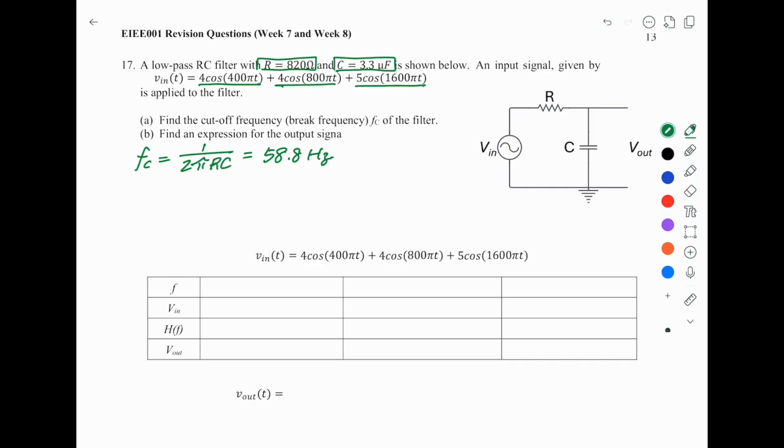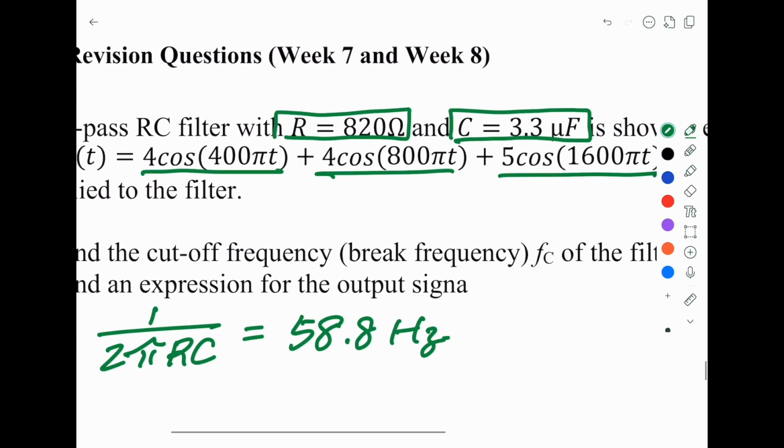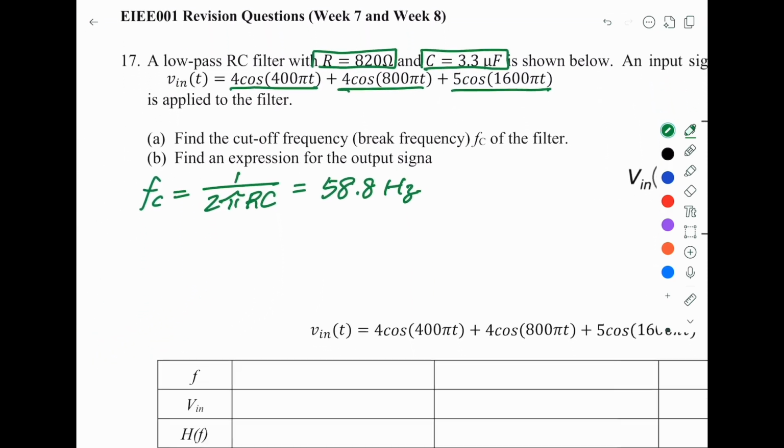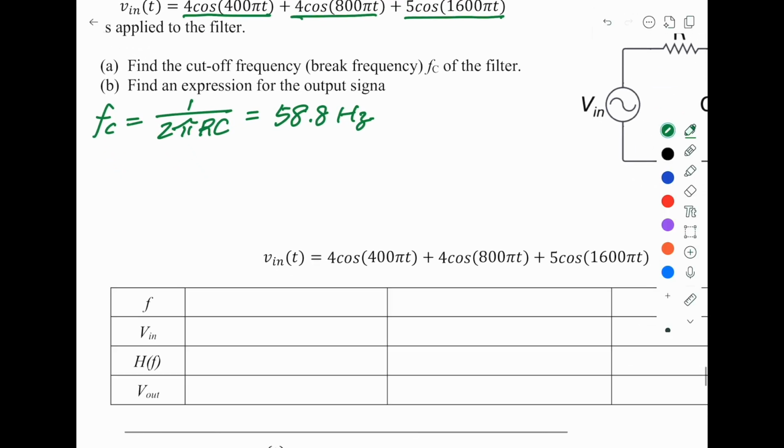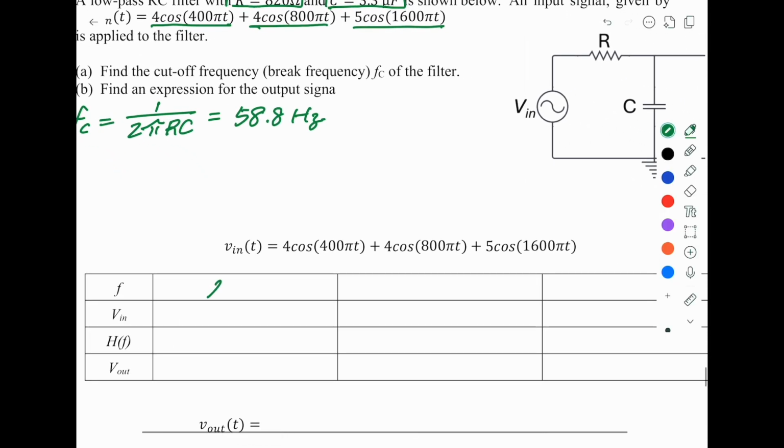Now let's analyze the signal term by term. First, 400, 800, and 1600. So it means the frequency is 200, 400, and 800.